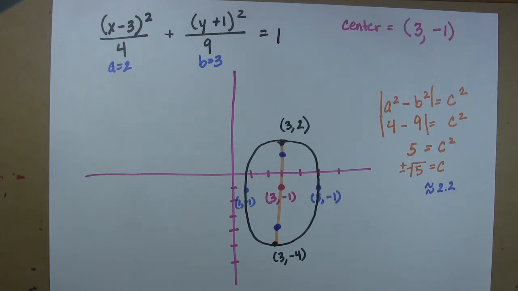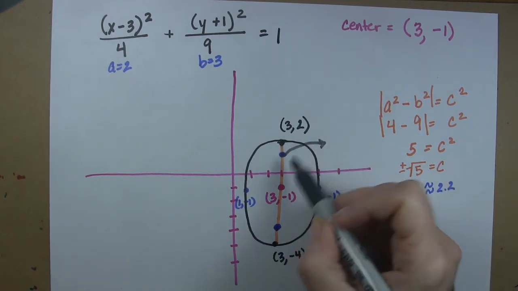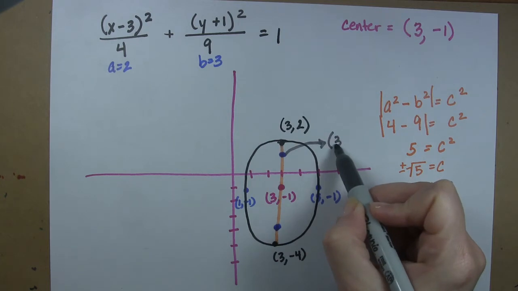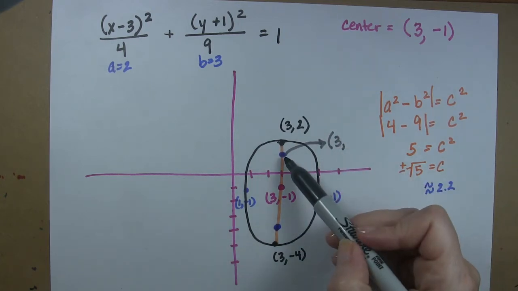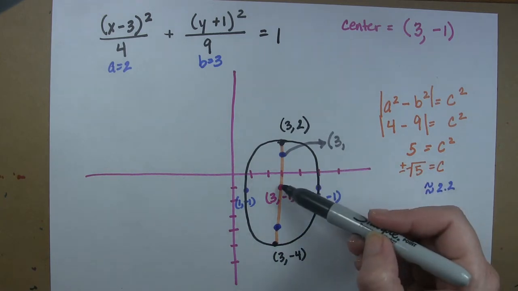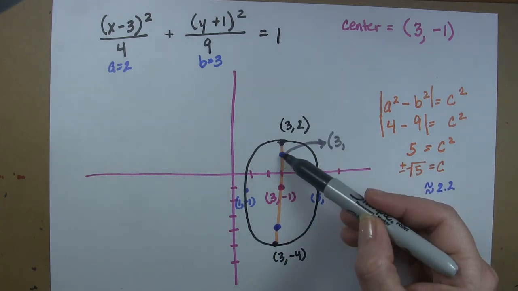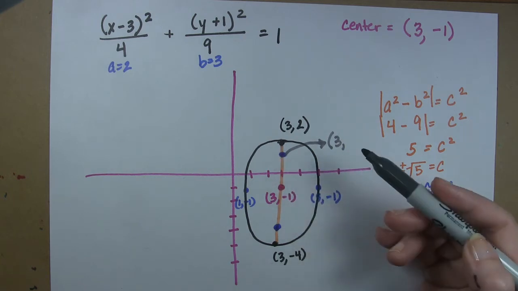And hold on, let me get a different color for you. I got a gray. Okay, so this focus is still at an x value of 3. But the y value is at this weird place. You can't call it the square root of 5 because it's not that high up. It's 2.2 from the center.